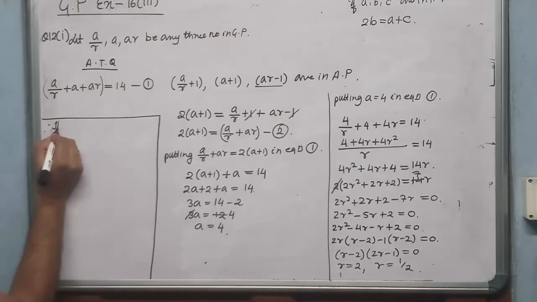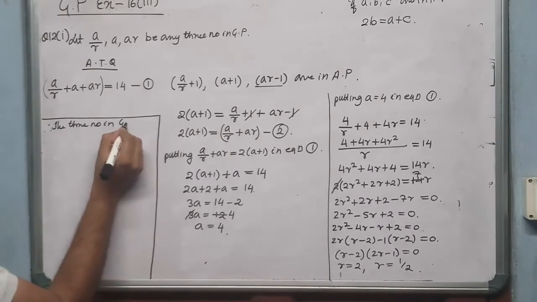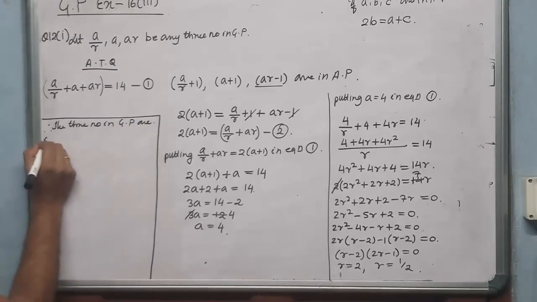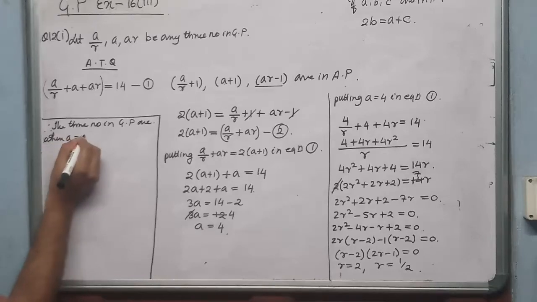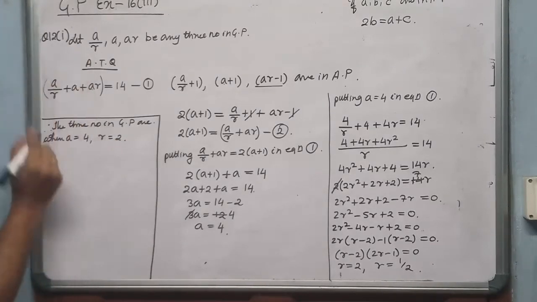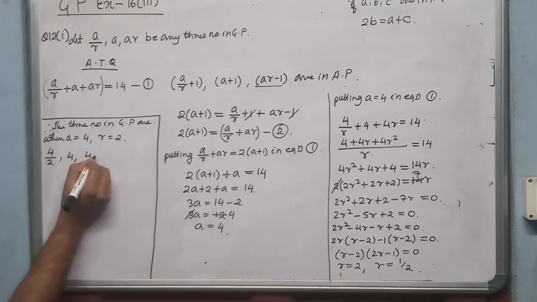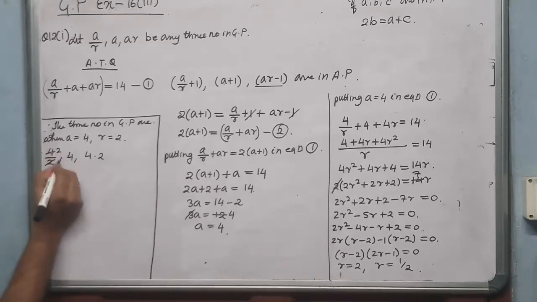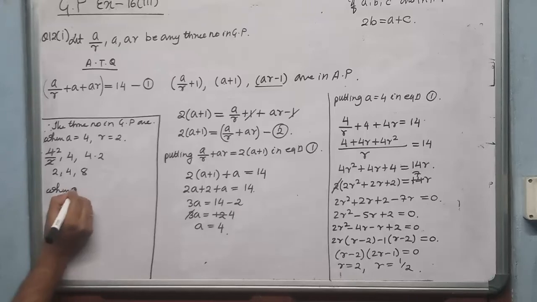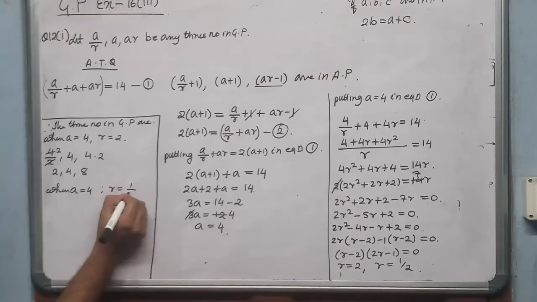Therefore, the three numbers in GP, when A equals 4 and R equals 2, these two values you have to substitute: 4 by 2, then 4, then 4 into 2. That is 2, 4, 8. Again, when A equals 4, R equals 1 by 2.